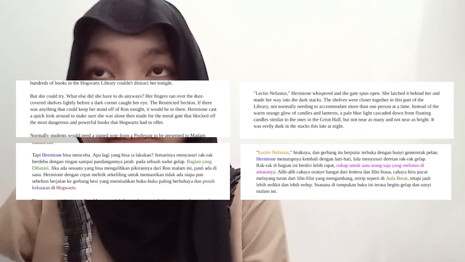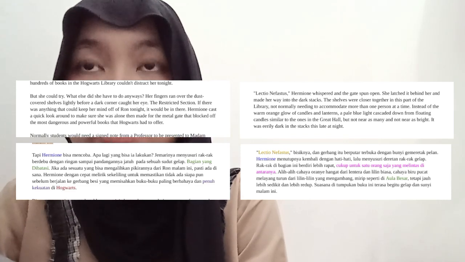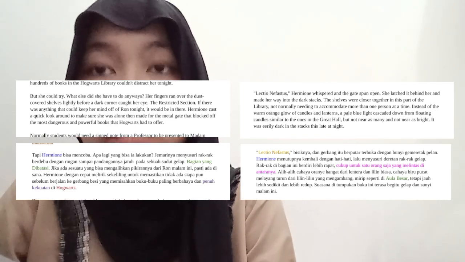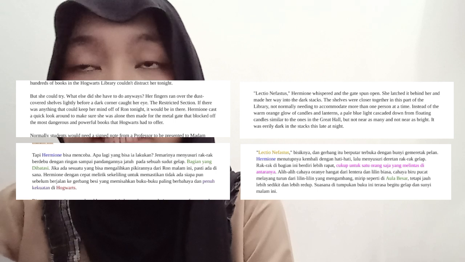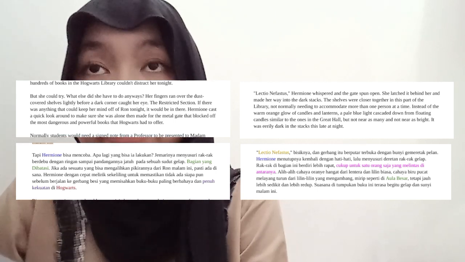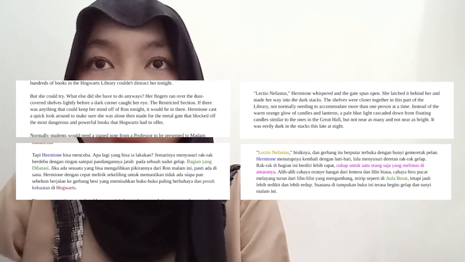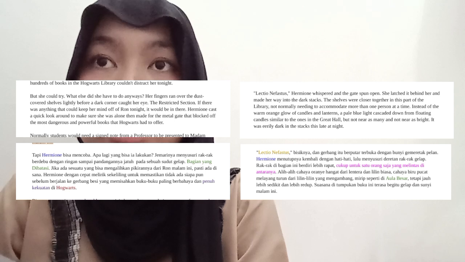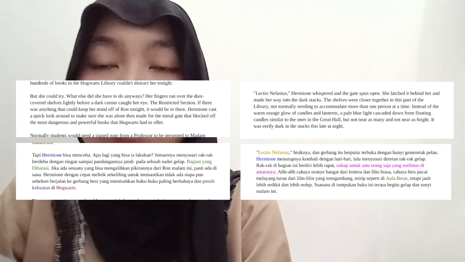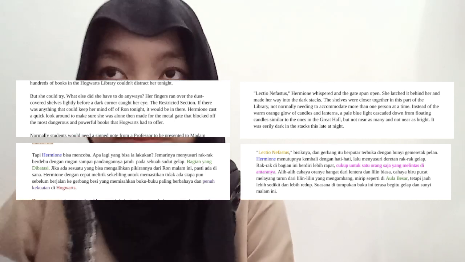The next technique is calque technique. For example, there is "restricted sections" was translated as "bagian yang dibatasi." This technique translates the term directly but adapts it to the structure of the target language. And the last technique is particularization technique.